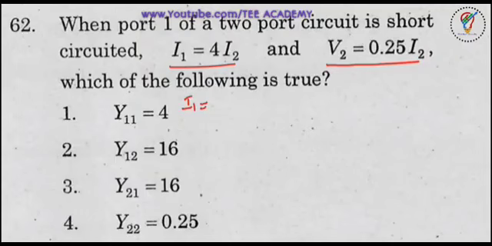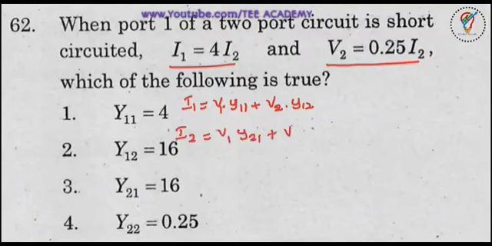So I1 is equal to V1 Y11 plus V2 Y12, and I2 is equal to V1 into Y21 plus V2 into Y22. Now among these 4 variables Y11, Y12, Y21 and Y22, observe.